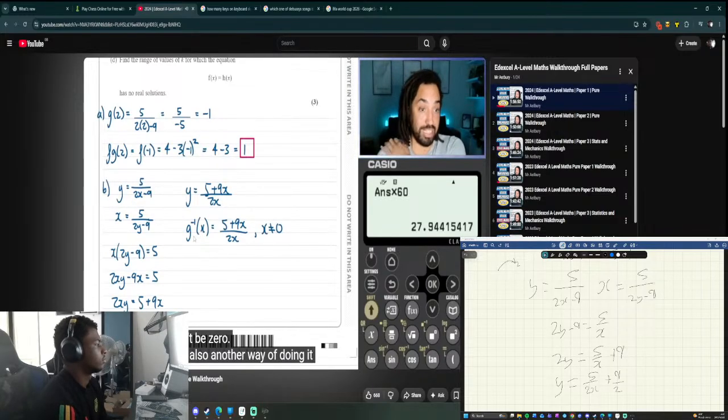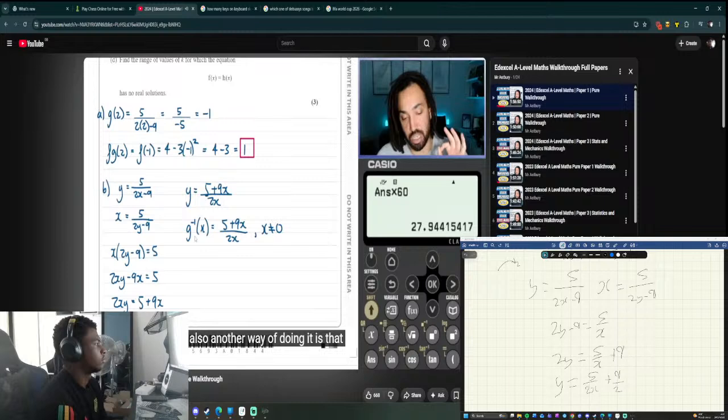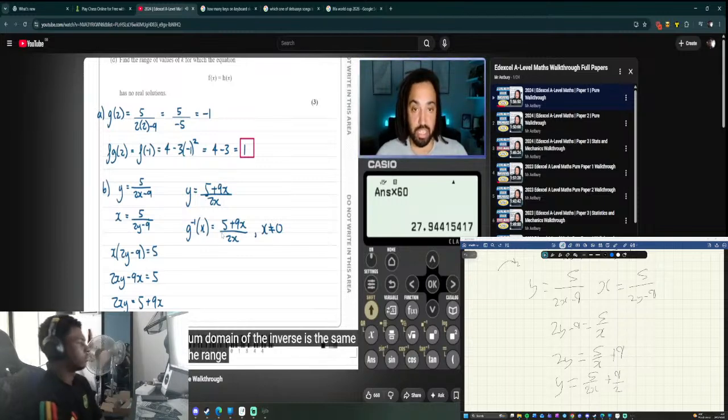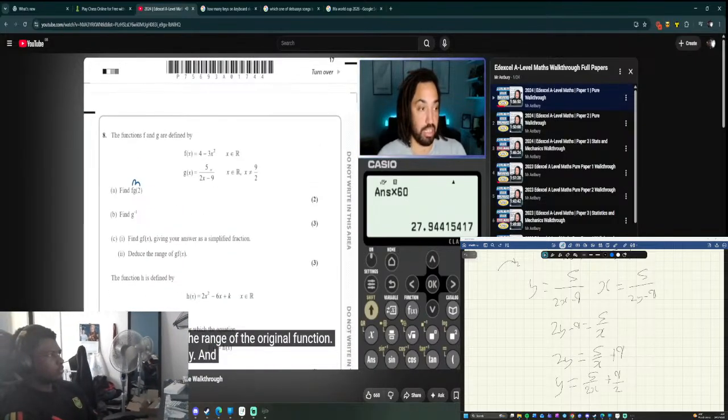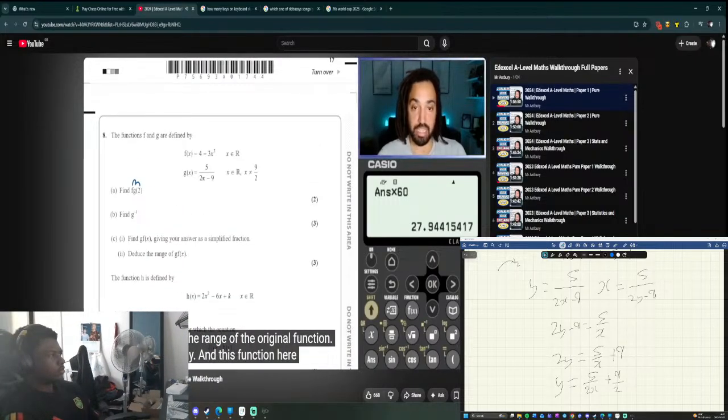Also, another way of doing it is that the domain of the inverse is the same as the range of the original function. This function here can spit out any value at all. The only value it can't spit out is 0.